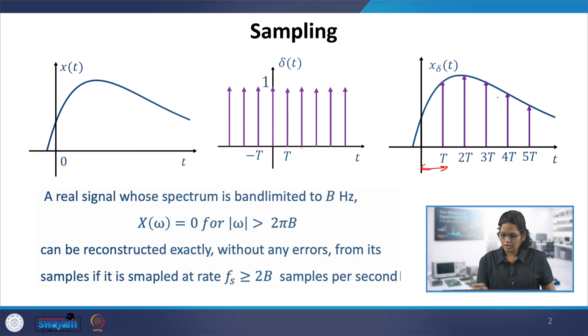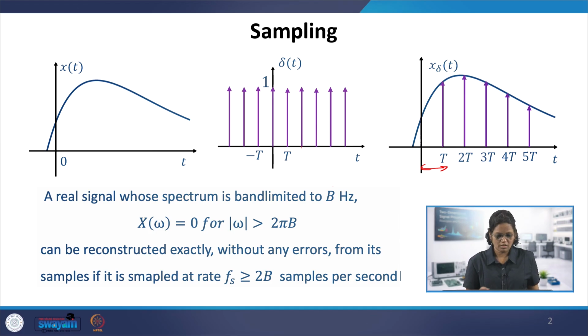When we do the sampling, what are the points to be noted? This is a continuous-time signal whose spectrum is band limited. That means the sampling theorem assumes a band-limited signal for which X of omega is equal to 0 for omega greater than 2 pi B. B is the bandwidth; X of omega is not defined beyond B hertz.